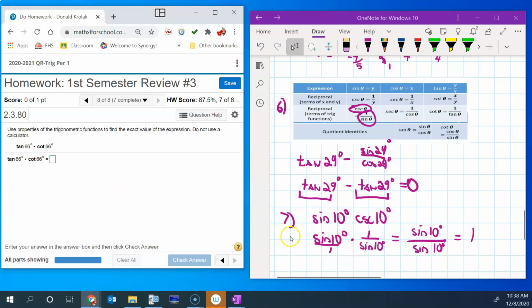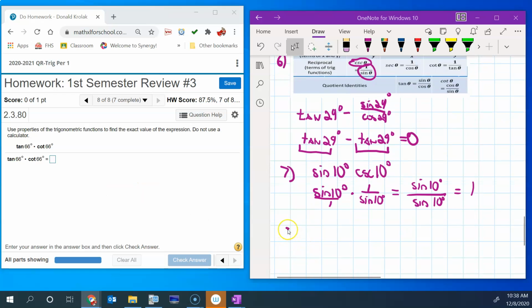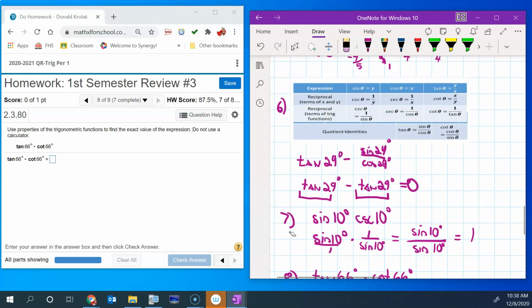Okay, and now our last one. All right, the tangent of 66 times the cotangent of 66 degrees. Well, if we look at our identities, cotangent is the same as 1 over tangent.